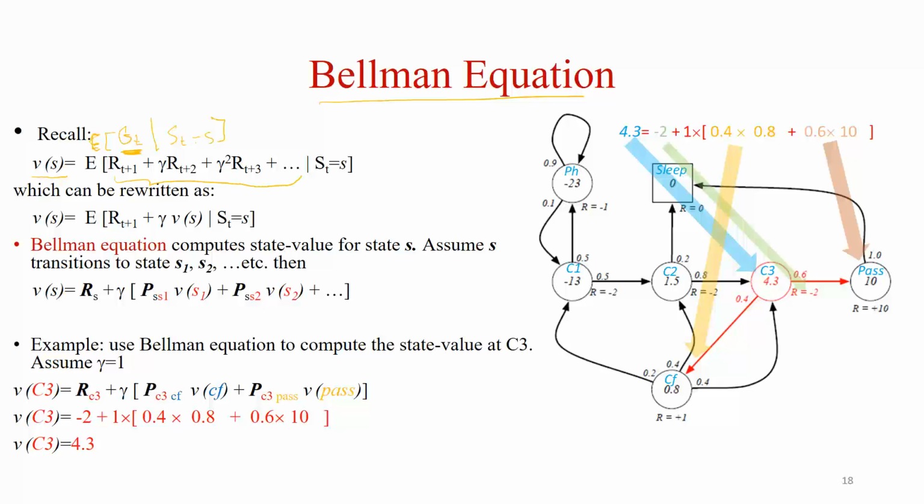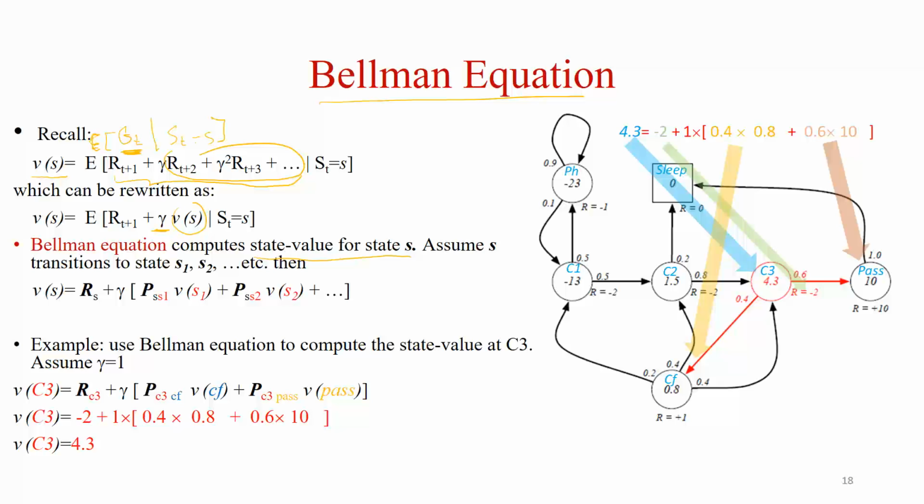So I'm expanding GT, and now I can replace this term here by the state value V(S), multiplied by the discount factor, and this will be helpful in a second. So the Bellman equation computes for us the state value of S.